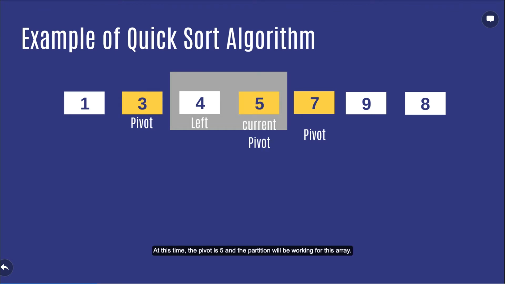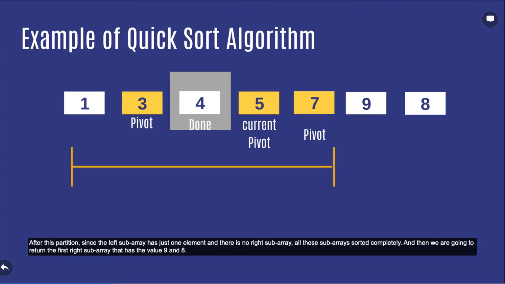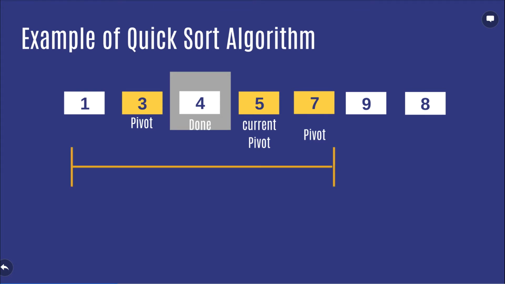At this time, the pivot is 5, and the partition will work on this array. Since there are just two elements, and the pivot is greater than the other element 4, there is no change after the partition. After this partition, since the left subarray has just one element and there is no right subarray, all these subarrays are sorted completely.